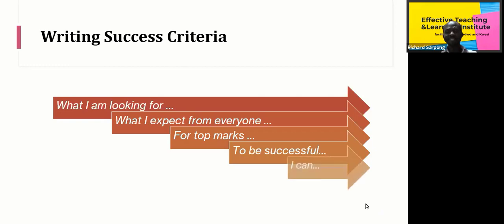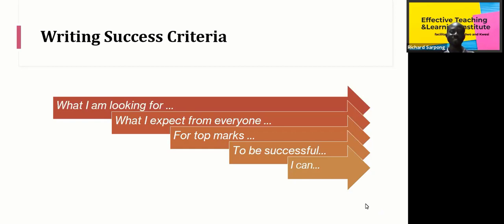And then the last one, which I also like very much, is the I can statement. So if you say that I can identify or give examples of this and that, I can explain, I can analyze this. It is a statement about what students can do as a result of their learning in that particular lesson.